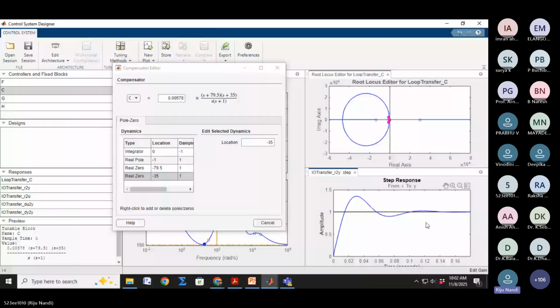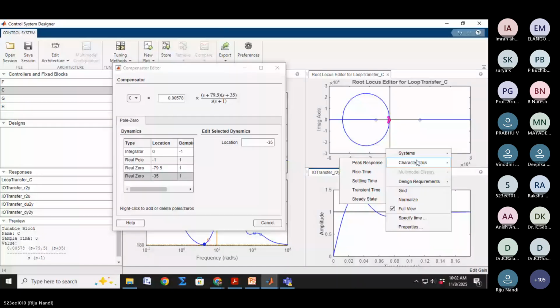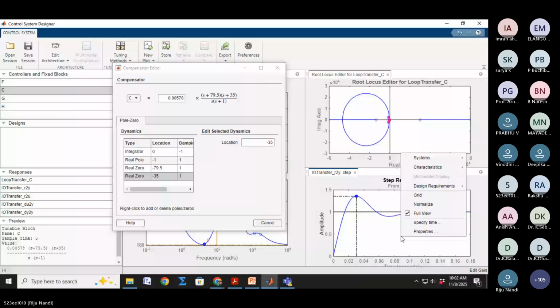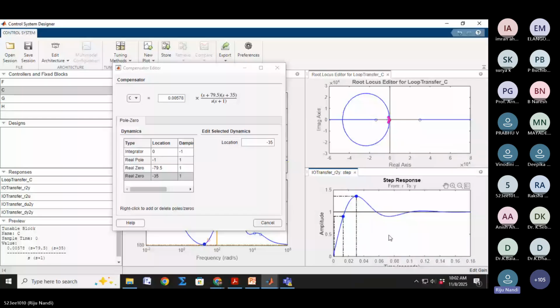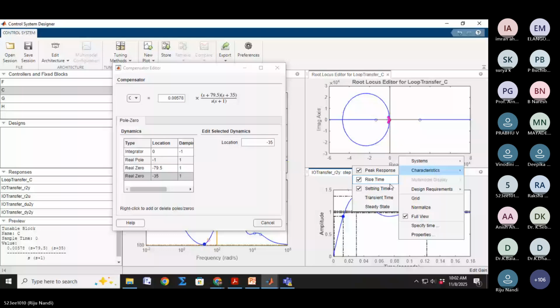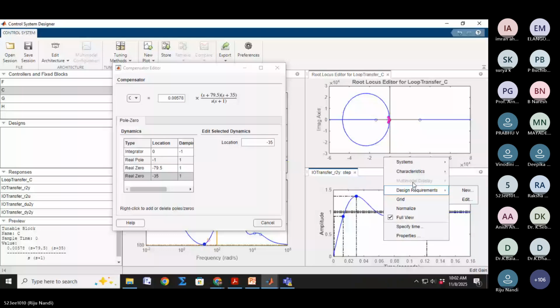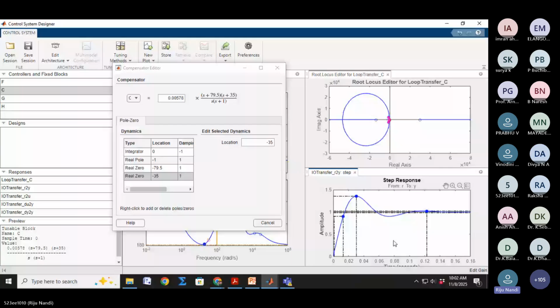You can go to peak response, rise time, settling time, transient time, steady state time. Now you can see that the overshoot is so high, so you have to change that pole. This is 16.2.